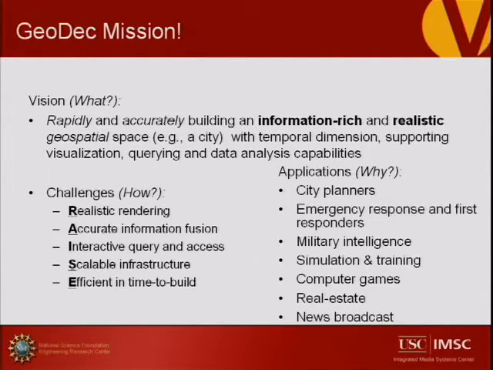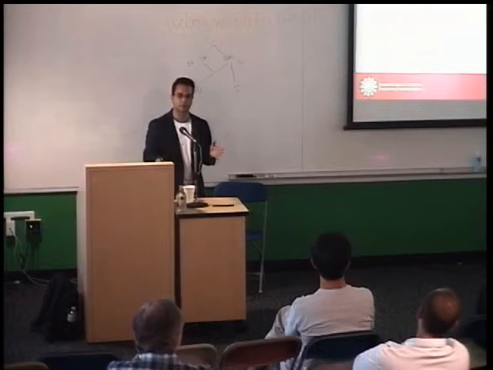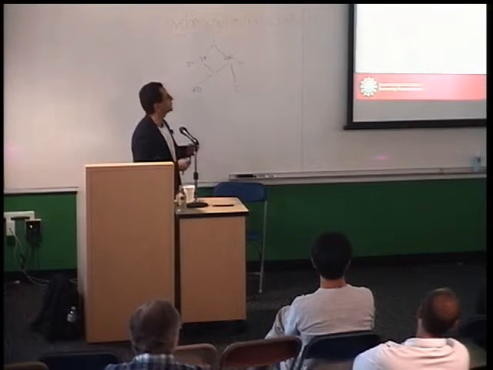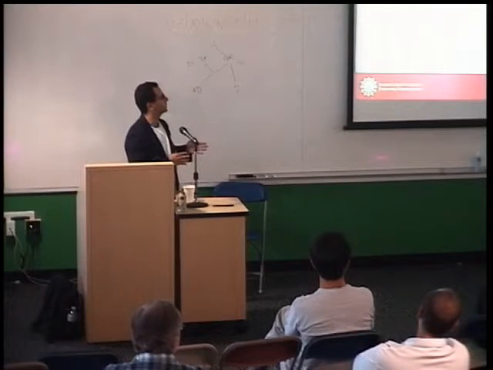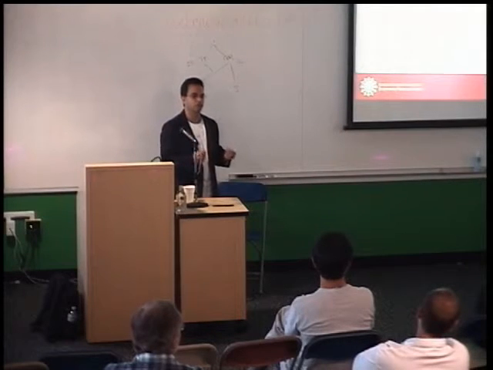Rapidly, because we want to distinguish ourselves from, for example, Hollywood, where they spend a lot of time and a lot of human resources building these 3D virtual environments. And accurately, because we want to build things that are unlike Google Earth, for example, where the main users are the public, who just want to find houses and stuff. We want to build things that can be used for geospatial decision making, for querying. Therefore, they need to be more accurate.